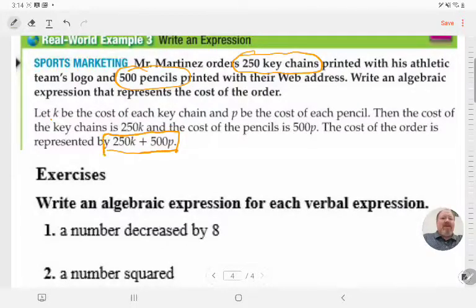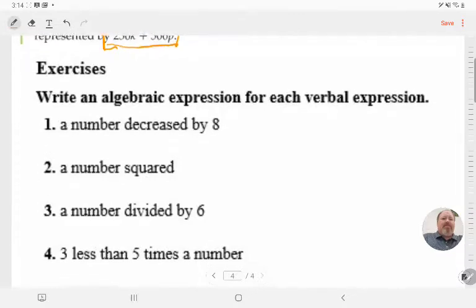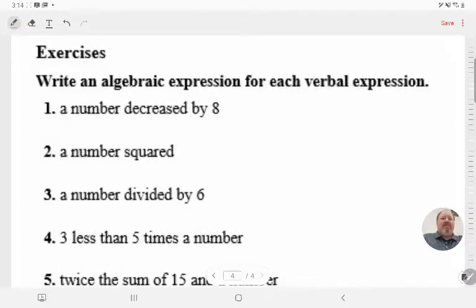And this is the algebraic expression I would need. 250K plus 500P. And that would give me my total cost if I knew how much they both cost. Okay? All right. So again, this is the time that you would pause the video, work on the practice examples that are in your notes, and then come back on the video and see how you did.